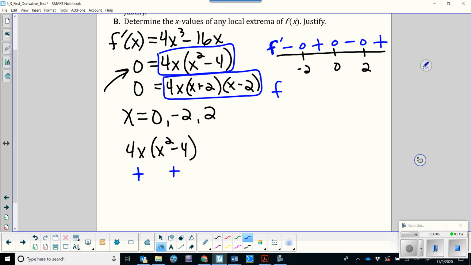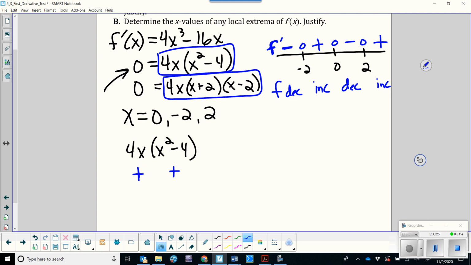So if f prime is negative, that means f is decreasing. If it's positive, f is increasing. Negative, decreasing, positive, increasing. Then in between, so at -2, 0, and 2, we have relative max and mins.